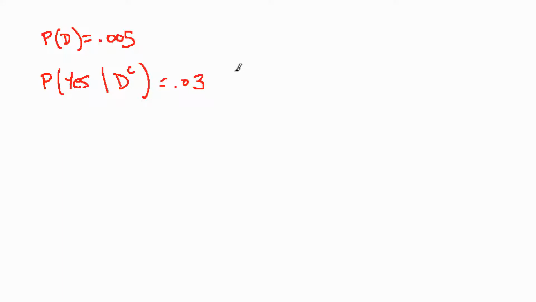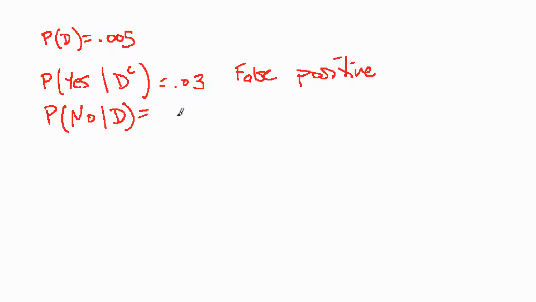Okay, remember these were the false positives. The probability of a no, given that they had the disease, was equal to 0.01. These are the false negatives.